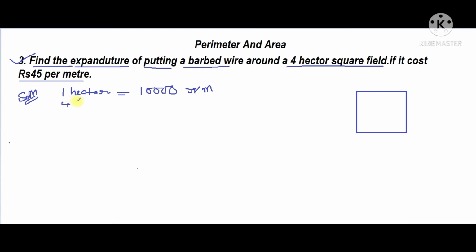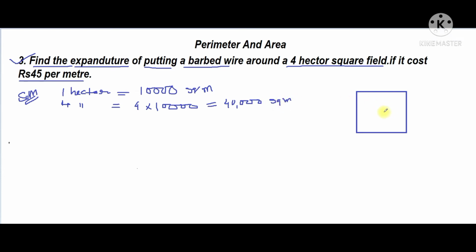So if 1 hectare is 10,000 square meters, then 4 hectare means 4 into 10,000, which is 40,000 square meters. So the area of this field is 40,000 square meters, right?